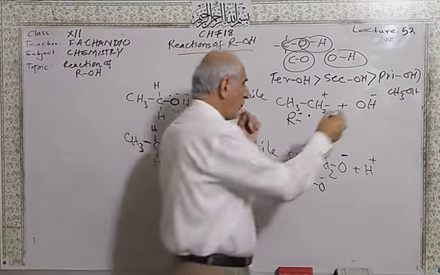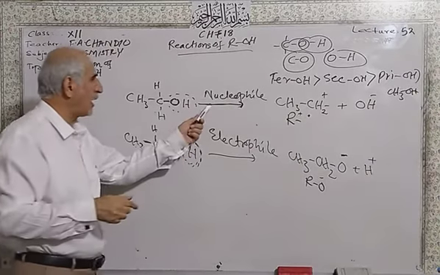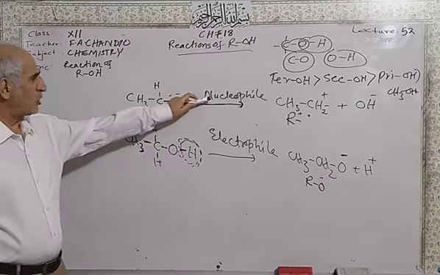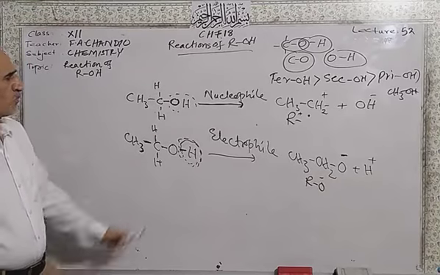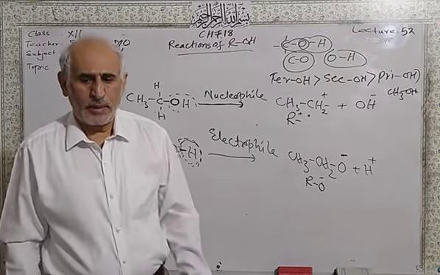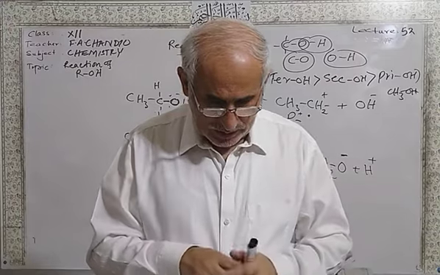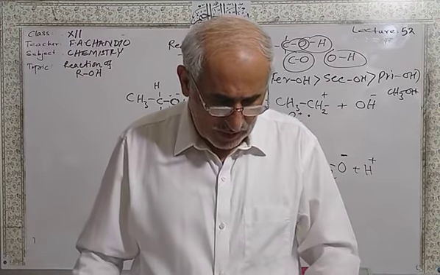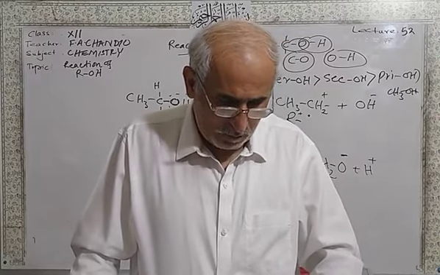So when you are using a nucleophile and you react the alcohols, tertiary alcohols are most reactive, then secondary, then primary alcohols, then methanol. So tertiary alcohols are more reactive than secondary and then primary alcohols.